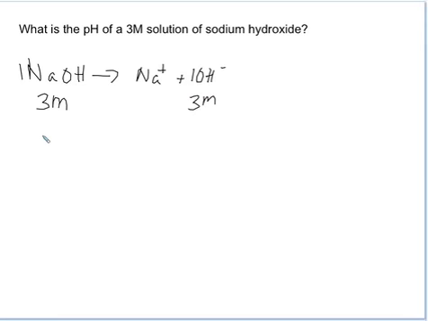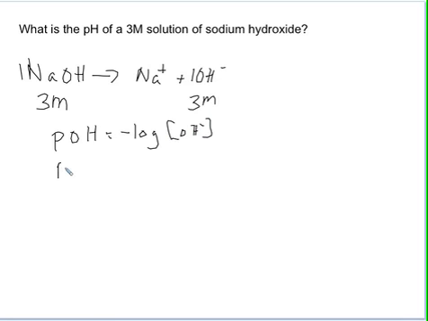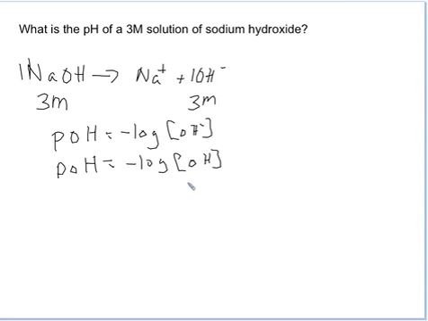So you would have the formula that the pOH is equal to the negative log of the OH minus. And so you could solve that. You could go pOH equals a negative log of whatever this hydroxide ion concentration is, and substitute in 3 molar right here.